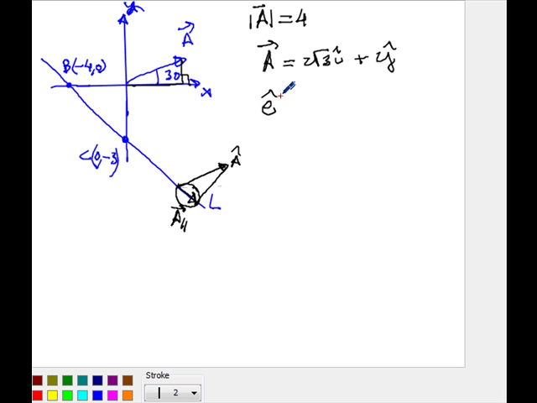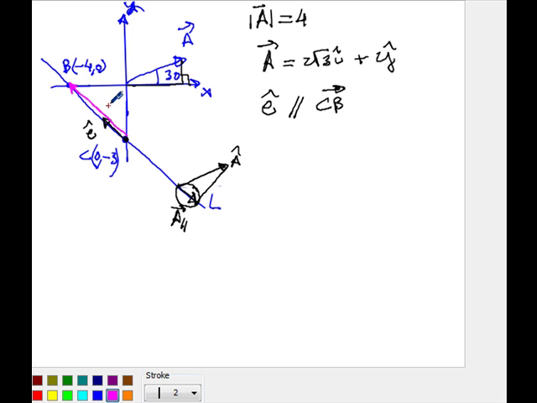And again, you can pick your E vector either going up or going down. Let's imagine I'm going to pick E going up, and I'm going to plot it from C. I need to figure out the unit vector E in component notation. The trick is to recognize that the unit vector E is parallel to the position vector CB. The position vector CB is the vector that goes from C to B, which is this vector.